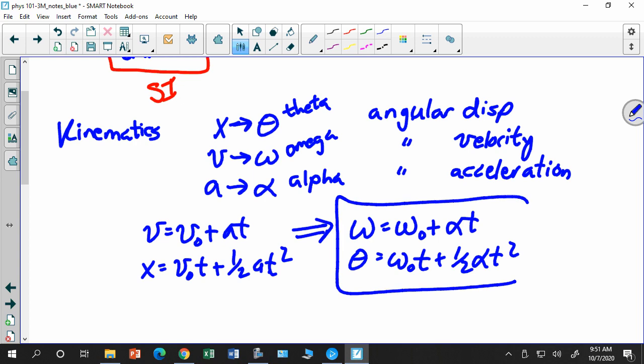So these are our kinematics equations. It's going to be a lot the same as we did in chapter 2. You'll see it's actually not that complicated once you get into applying them in different situations. Okay? The third thing that we have here is going to be centripetal acceleration.